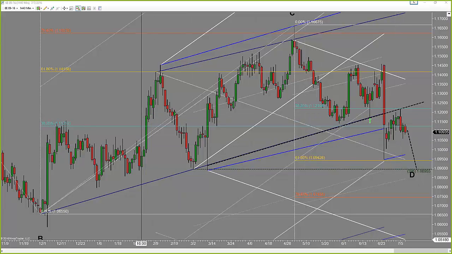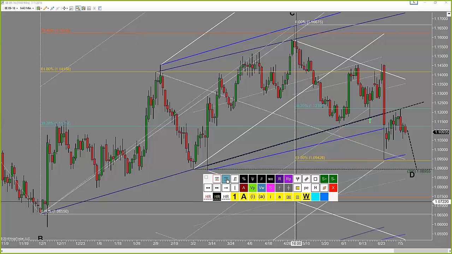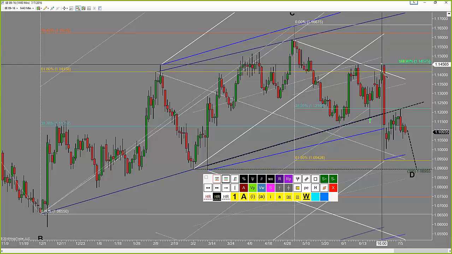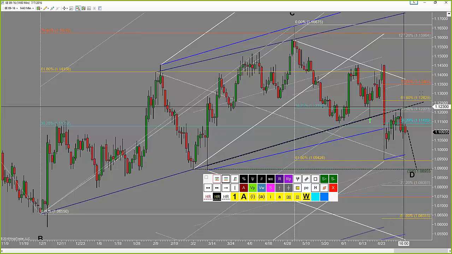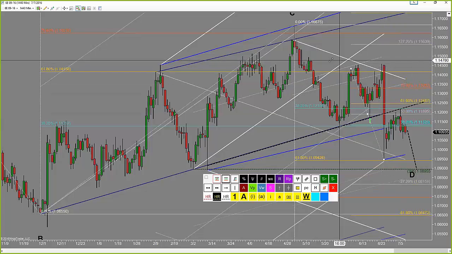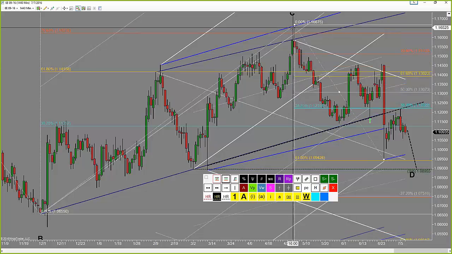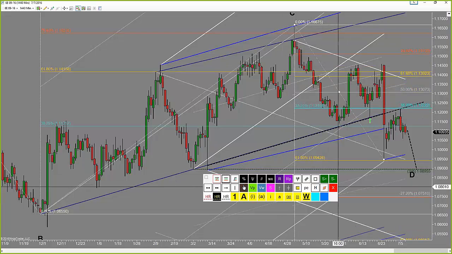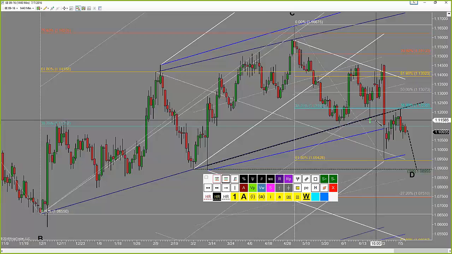All right, I want to say that was a 50% retracement as well. So that was a little bit over a 50% retracement of this last down move, and maybe a 38.2 from here. All right, so we had a fib confluence zone there as well.